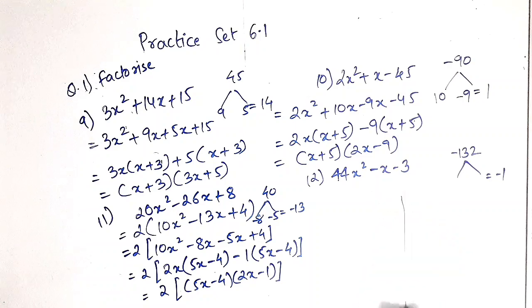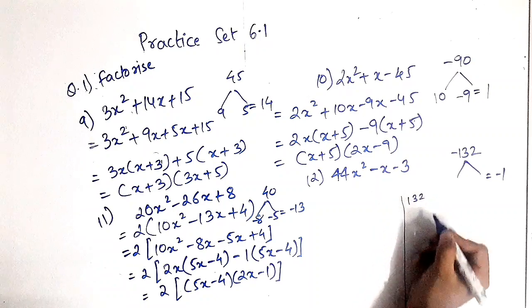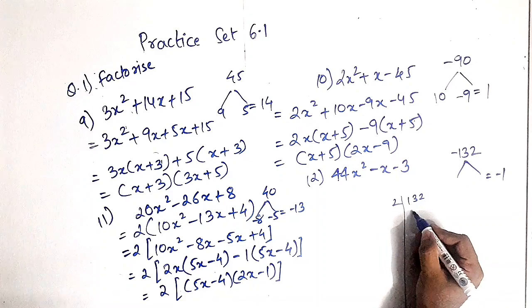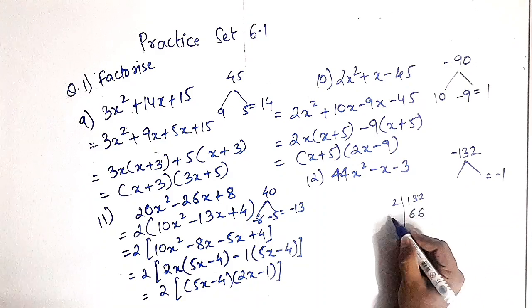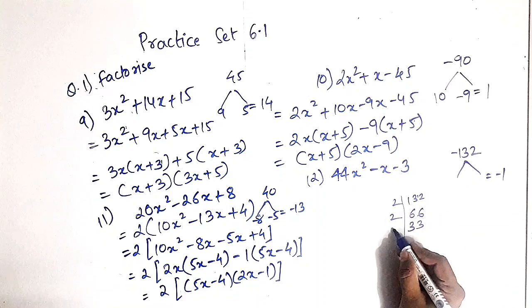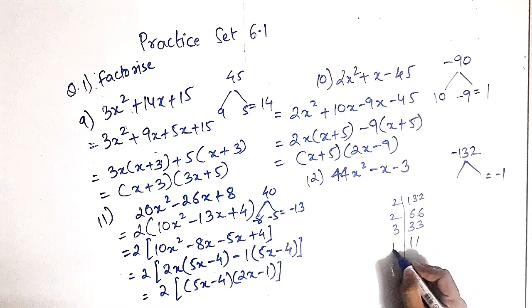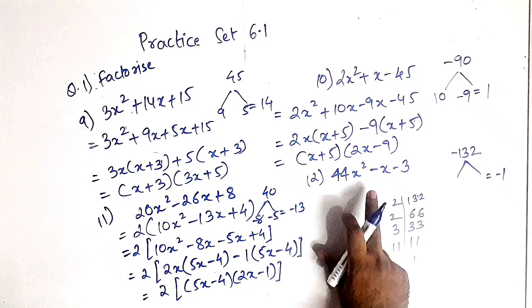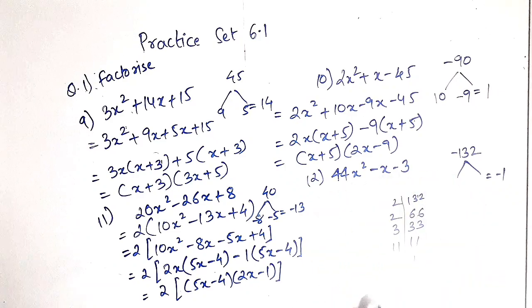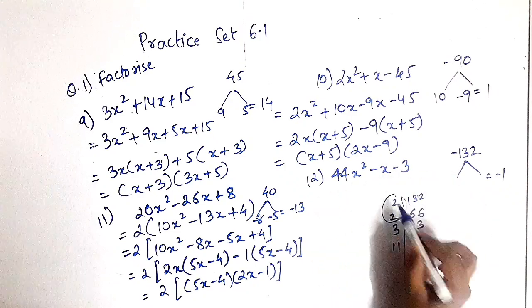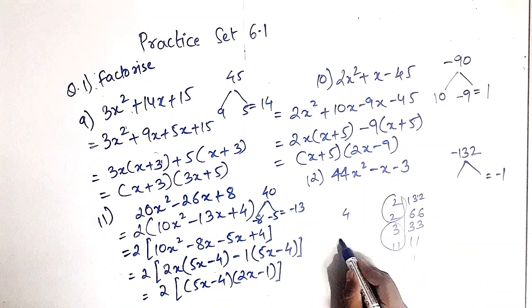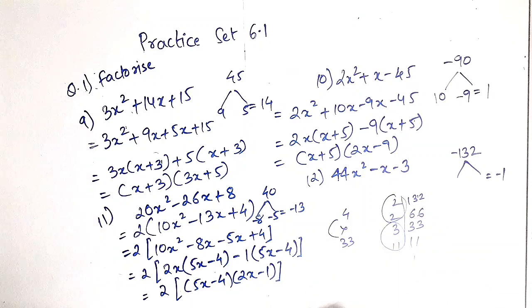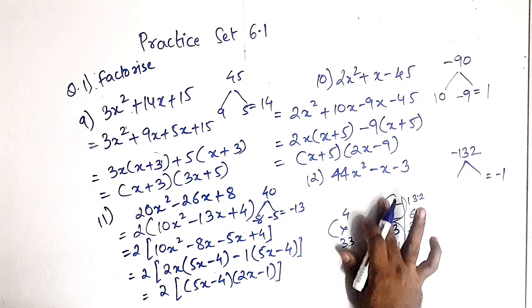You will do this in rough work. 132: 2 sixes are 12, 2 33, then 3 11, 11 ones. So these are the factors. Now you will make pairs such that you will get minus 1. I'll make the pair of this number first. 2 twos are 4, 11 threes are 33. No, very wrong.